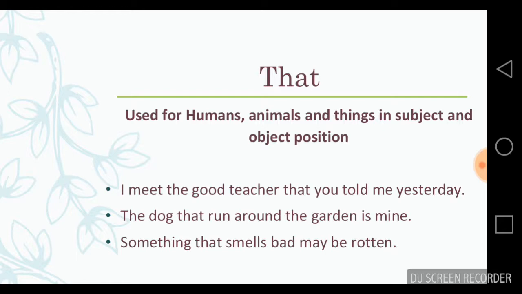That can apply to so many sentences. It has no limitation for explaining the subject or the object position. So it will be safe if you don't know which one to choose to make a sentence, you can use that. But we will learn all of the main relative pronouns so you can make your sentence better.